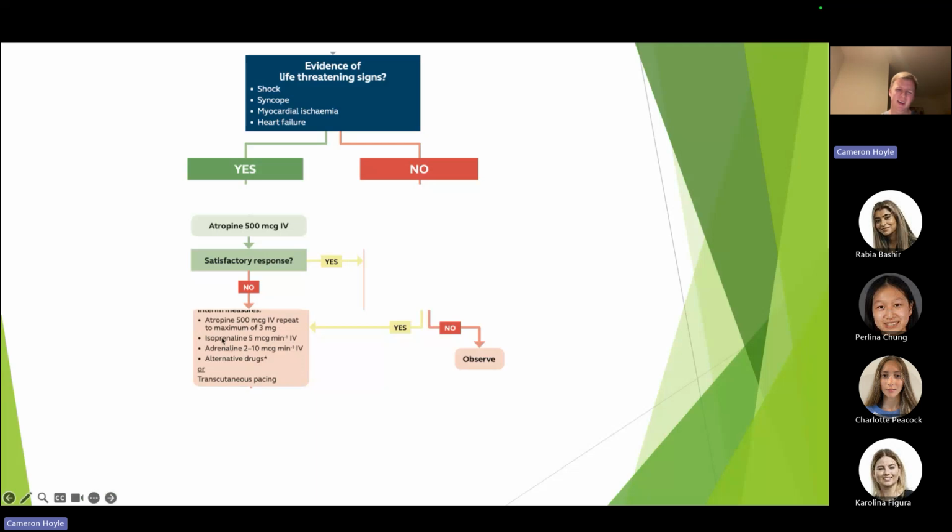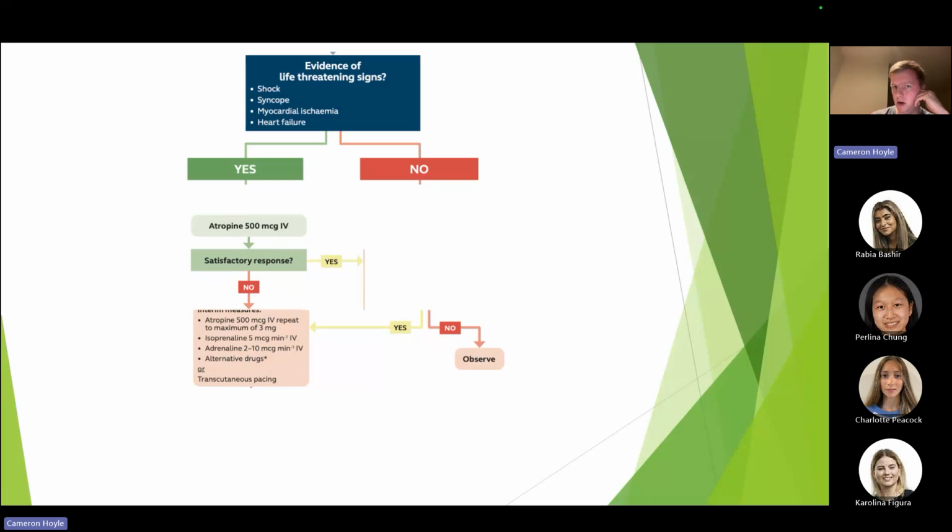Sometimes you will see, particularly some of the ICU teams, give things like isoprenaline instead of atropine if the atropine initially doesn't work. I think it's more of a personal choice and experience more than anything, but this is something you definitely wouldn't be expected to do. If these medical managements don't work, you need to look at transcutaneous pacing.